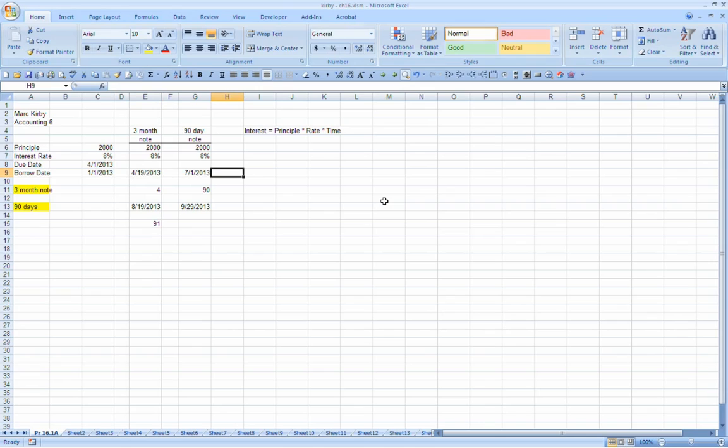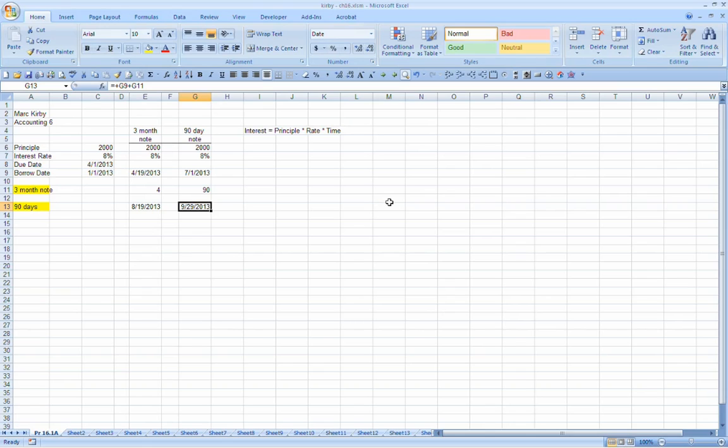You could set it up where we did what we did just a moment ago. Here's a note, here's the beginning date, it's in months, and I use the EDATE function. Here's a note, here's days, here's the function, you just simply add.